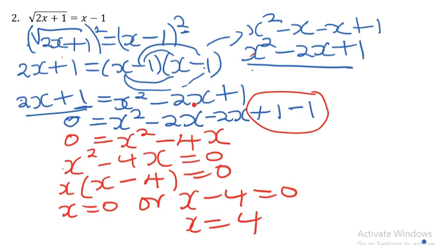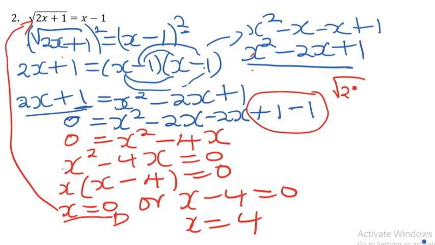What we need to do is to take our answers and check them. We said here x is equal to 0, so let us check if it is correct. We take this and replace it in the equation that we have on top. On the equation we have 2x, and now our x is equal to 0, plus 1. When you say 0 multiplied by 2, you get 0, and then 0 plus 1 gives you the square root of 1, which is equal to 1.